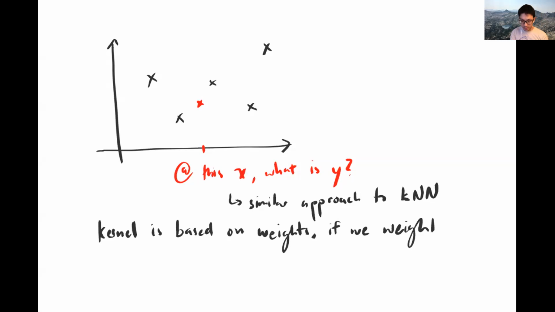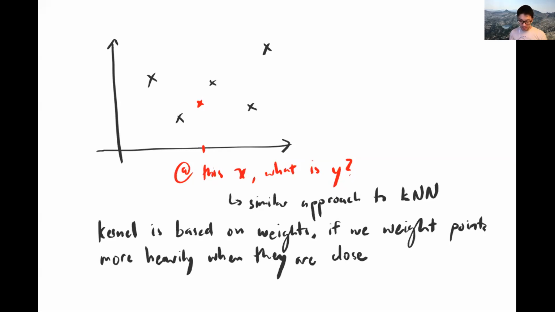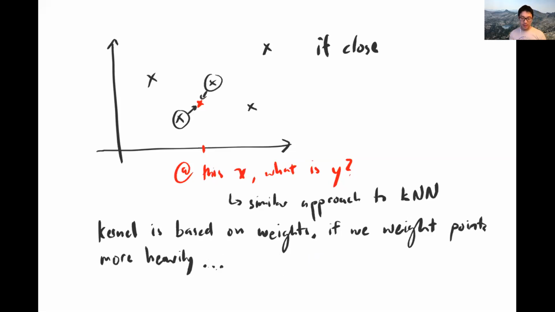If we weight points more heavily when they are close, then these guys will play a bigger role in influencing the position of my x, right?